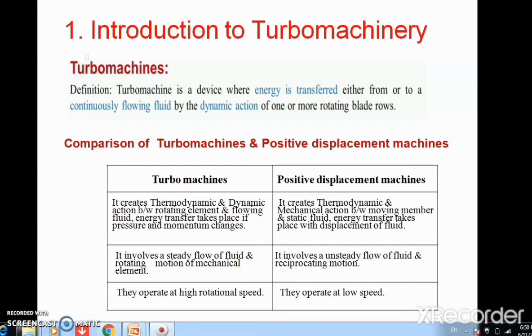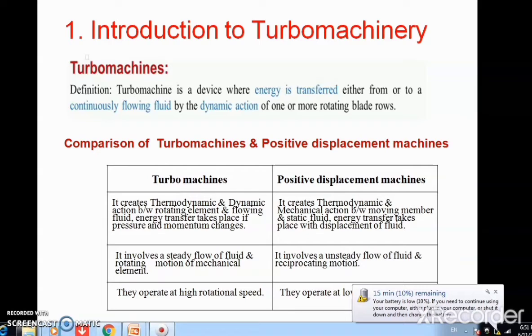So it is a linear displacement there, and in a turbo machine there is an angular displacement. That's why the work done will be calculated separately by different formulas for turbo machines and positive displacement machines. So this is the first difference.